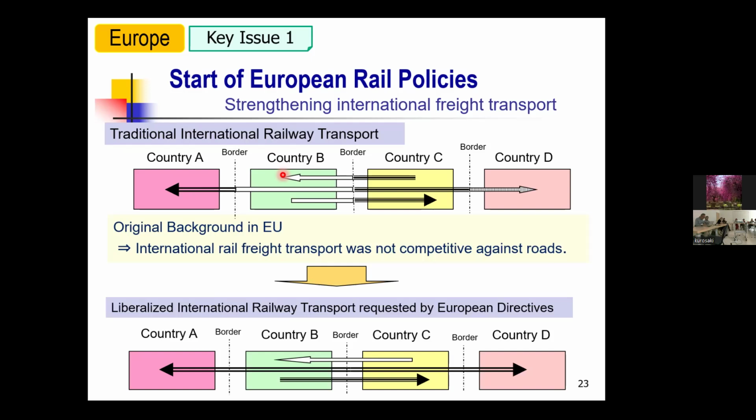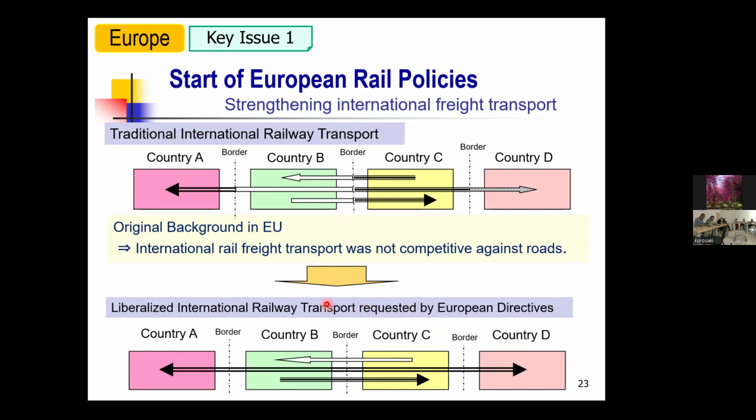Then the EU changed the international freight railway transport as shown in the figure listed below. This type of train operation is called open access.